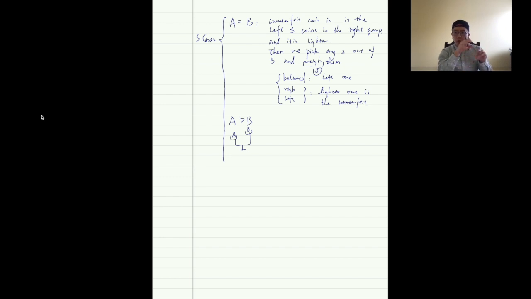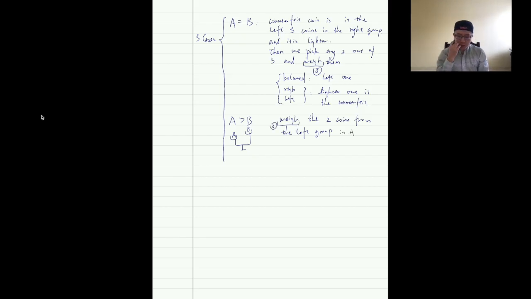So we may weigh these 2 coins from the left group in A and see what happens. This is our third weighing.